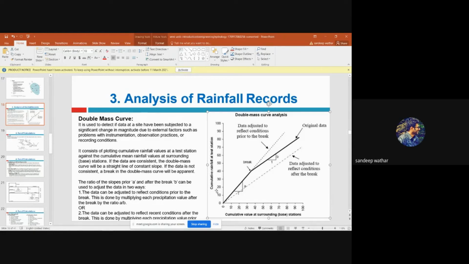Okay, so the cumulative rainfall at the test station will be on the y-axis. Cumulative value of surrounding base stations will be on the x-axis. Then what we do is that we'll determine if there is any break point.